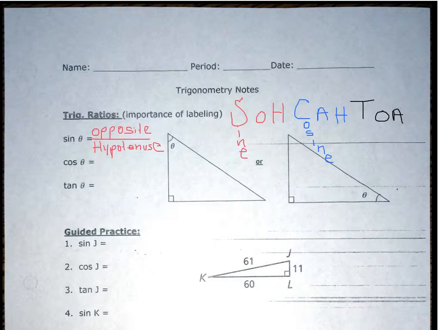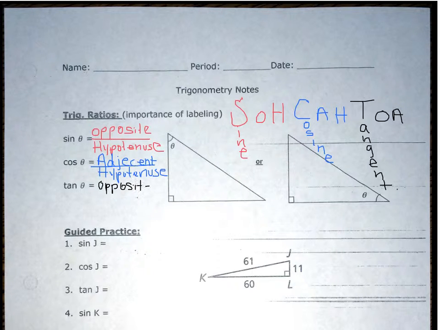Cosine is a ratio of the adjacent side over the hypotenuse. Then TOA is for tangent, T-A-N-G-E-N-T. You abbreviate it as T-A-N, and that is the opposite side over the adjacent side.